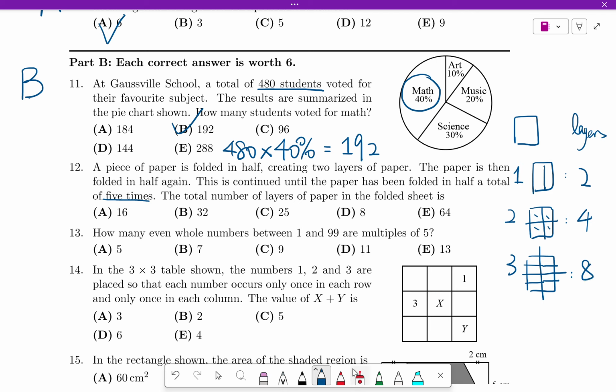So we can see that if we fold it one time, the number of layers we have is 2 to the power of 1. If we fold it 2 times, the number of layers we have is 2 squared. If we fold it 3 times, the number of layers we have would be 2 to the power of 3. So we can see that these numbers are correlated. So if we fold it 5 times, the number of layers would be 2 to the power of 5, which is 32.